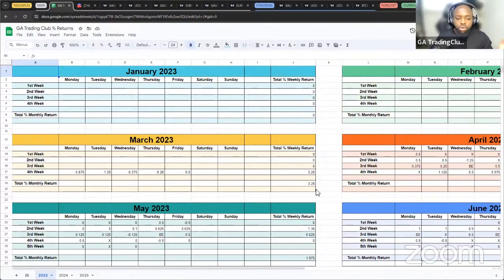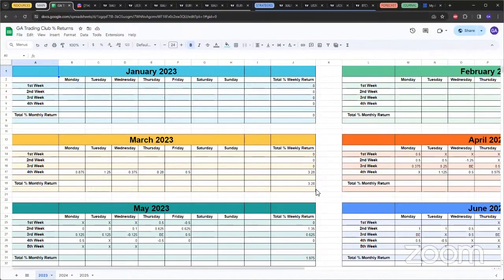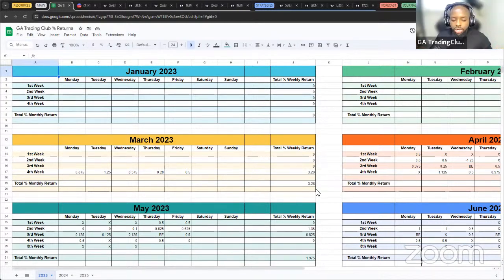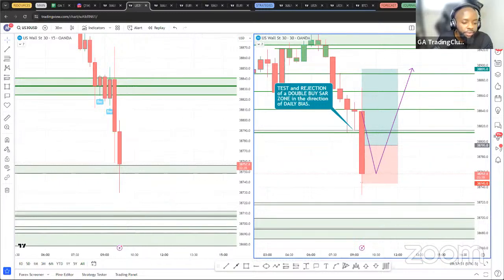If you had a 100K account, you made 3,280 bucks for that month. That is how you present yourself. But you cannot say, I made 3,280. Okay, based off of what? Then you're working in the opposite direction instead of what you should be doing.